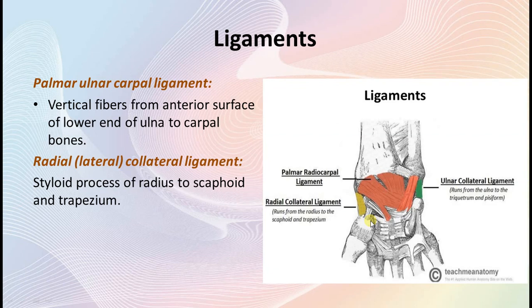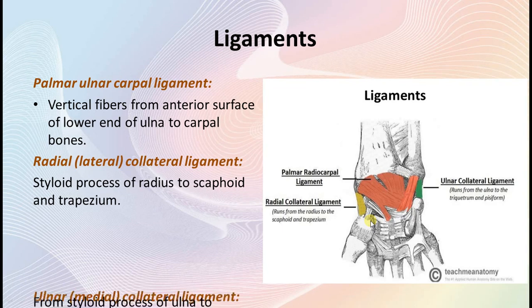So we have seen so far 4 ligaments: palmar carpal ligament, dorsal carpal ligament, palmar ulnar carpal ligament, and the radial or lateral collateral ligament.